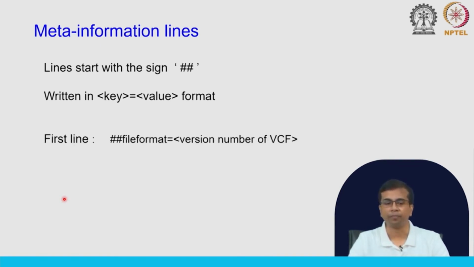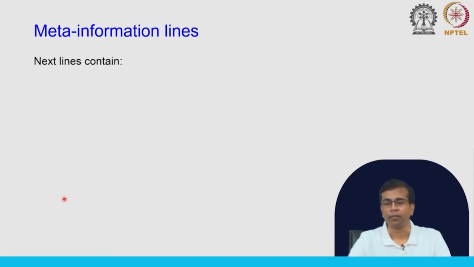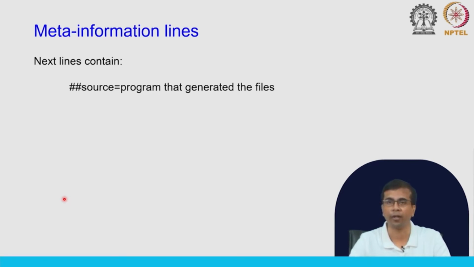The first line is usually fileformat equals the version number of VCF, which version we are working with, because they are updated and there are minor modifications in the format. The next lines contain source, the program that generated the file, so it should have the name of the program that we used.